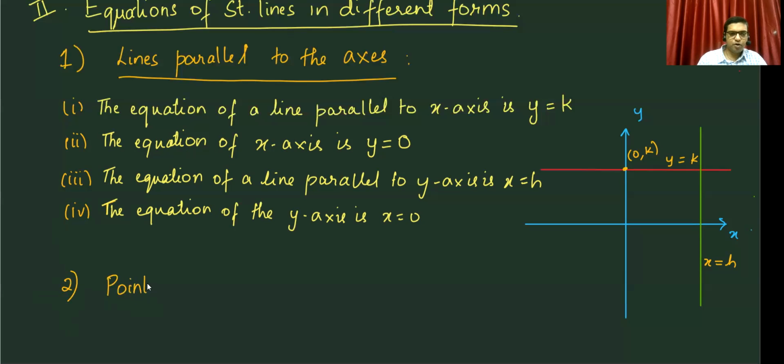Next, a very important form of the line is the point slope form.